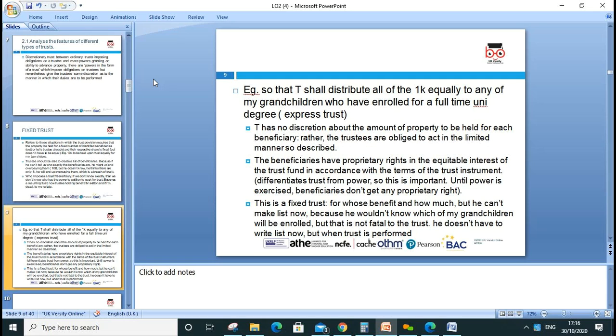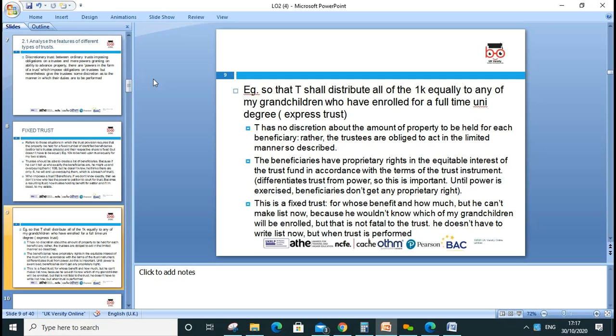So differentiate the trust from the power. It is important that until the power is exercised, the beneficiary doesn't get any proprietary right. The fixed trust is about for whose benefit and how much. But he can't make the list now because he wouldn't know which of my grandchildren will be enrolled for the degree. Okay.